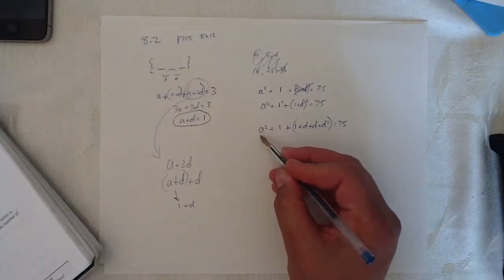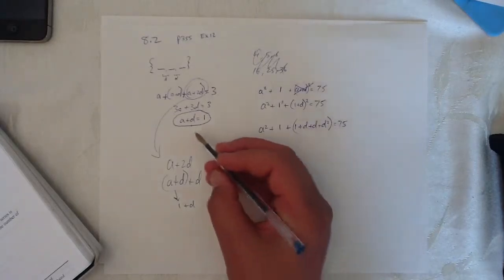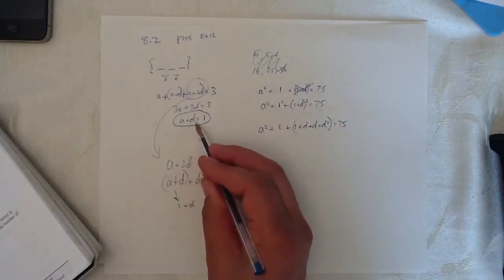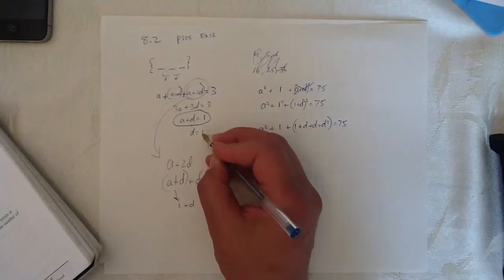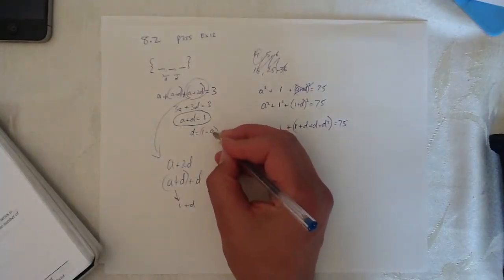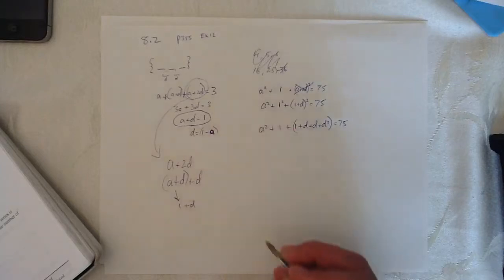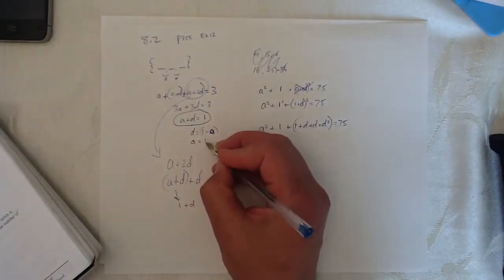Now let's look at a here. I'm going to get rid of a. I'm going to define a in terms of d. Well, here we've learned that a plus d equals 1, and therefore d equals 1 minus a. If we subtract a from both sides, this becomes a new definition for d. Also, a equals 1 minus d.